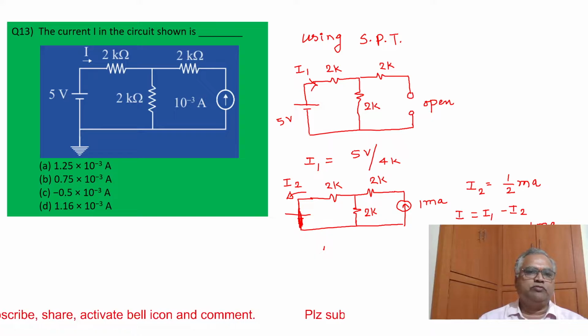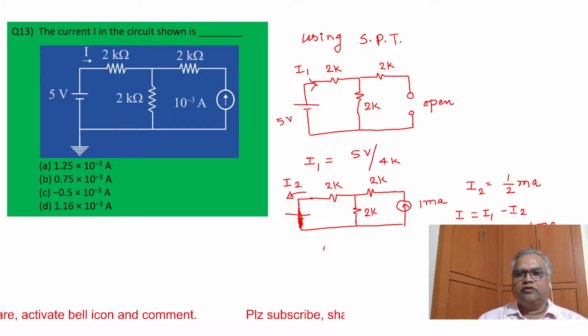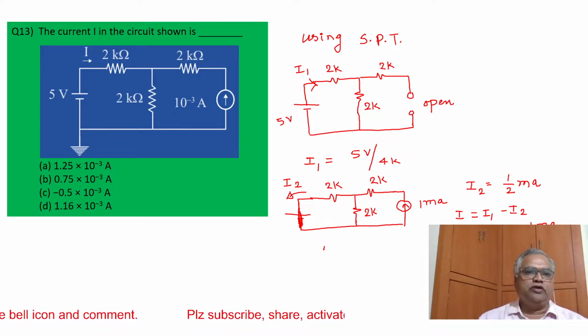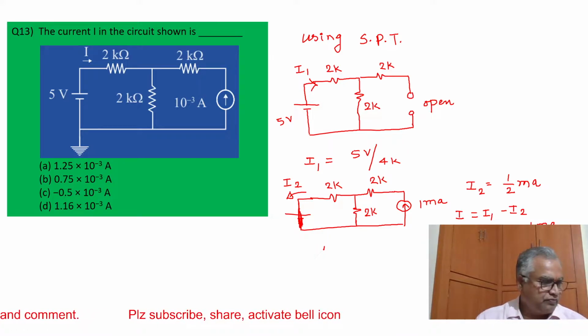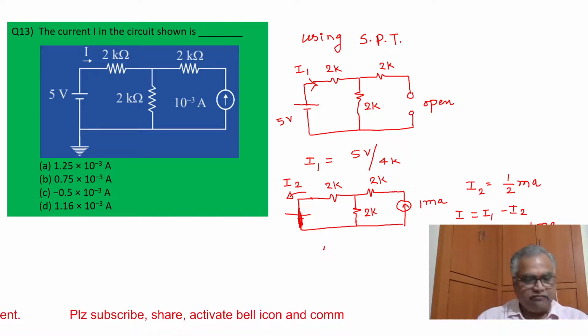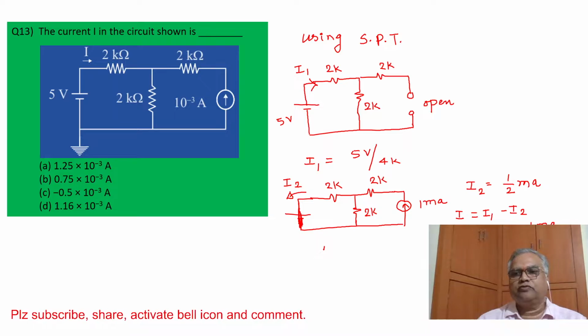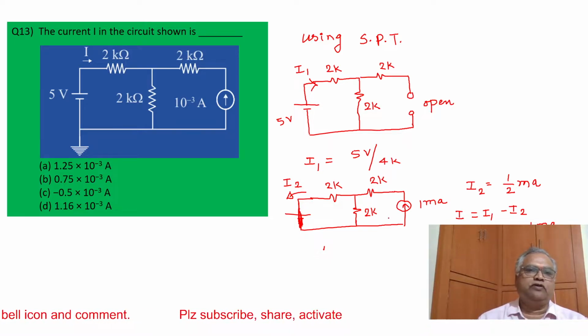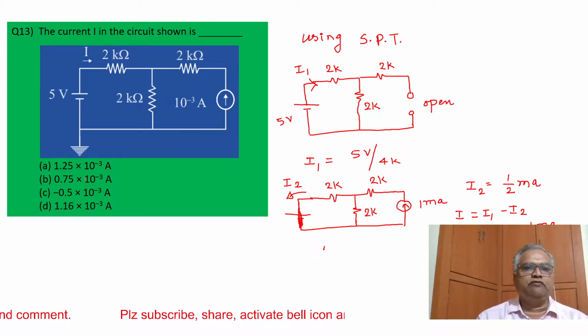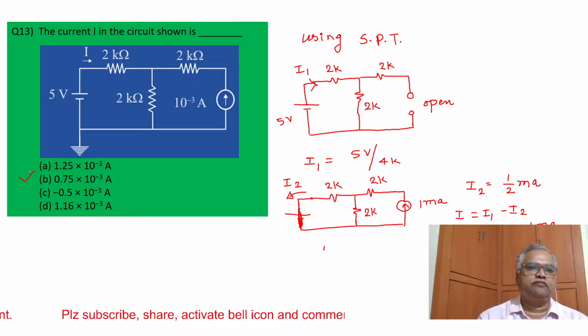Simplifying, we get 0.75 milliamps. So B is correct.